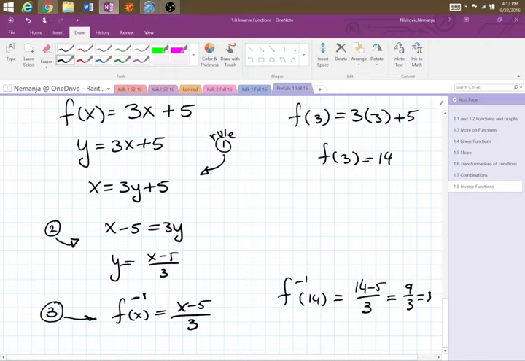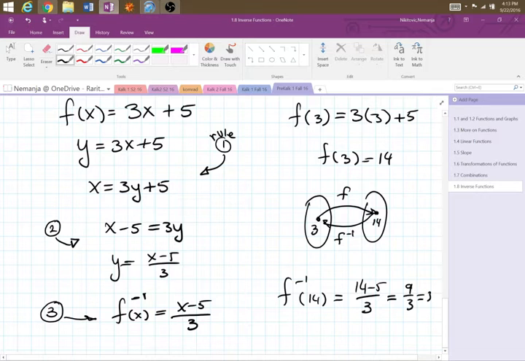If you want another one of those graphs with sets, you have number 3 sitting here, number 14 sitting here. F is going to take it this way. F inverse is going to bring it back. Now, I don't think it takes too much effort to understand that the inverse of the inverse is the original thing.